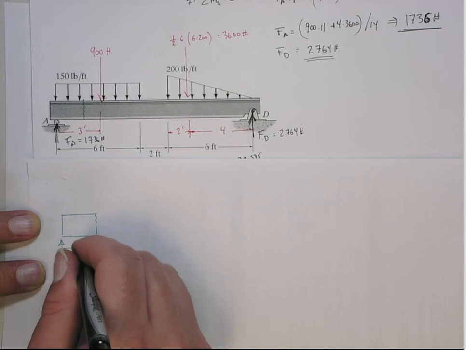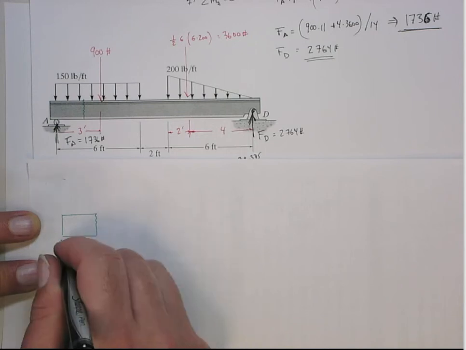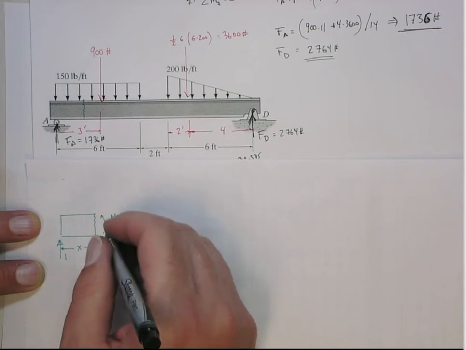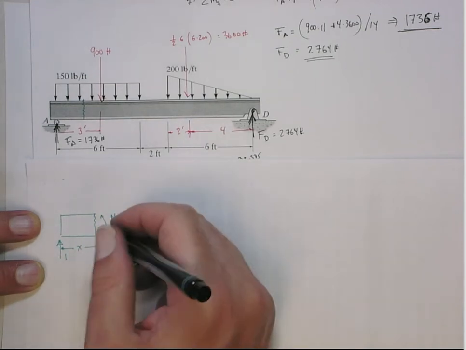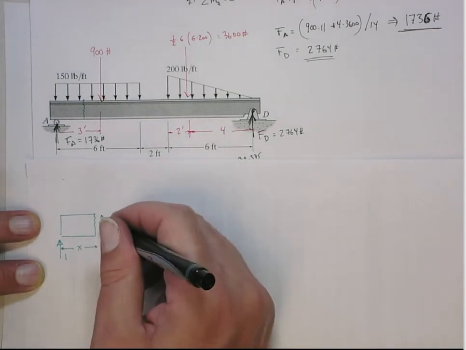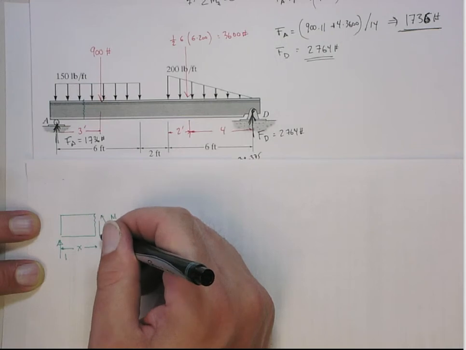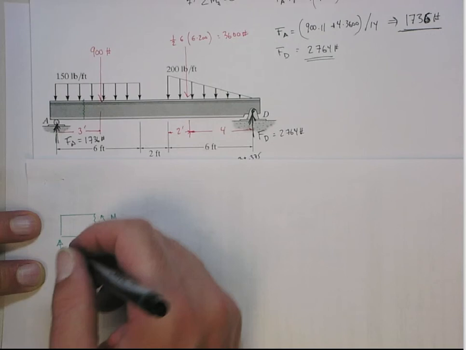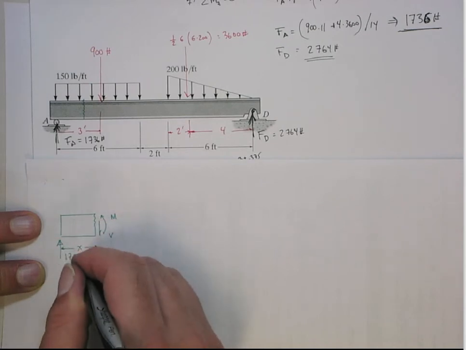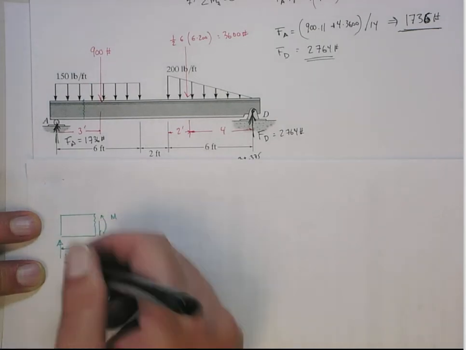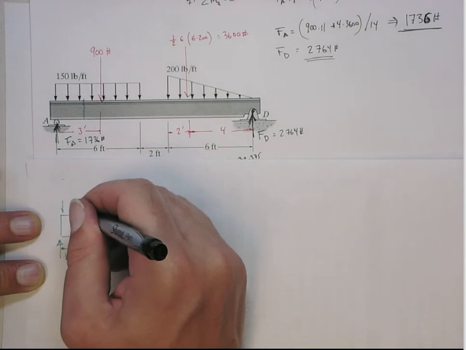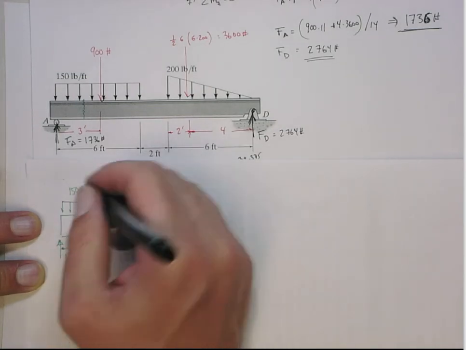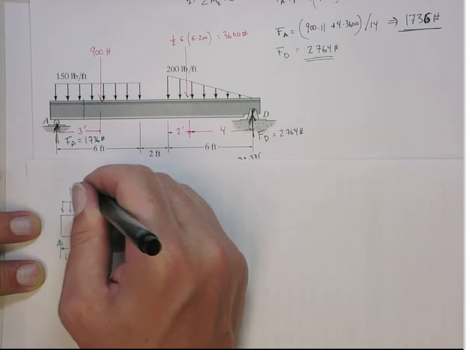So this distance here is going to be x. That's positive phase, so this is the positive moment. Actually, I really don't care about the moments. The only thing I care about is the shear. So the positive shear is actually downward, okay? Because we're just doing the shear diagram. And this is going up at 1,736 pounds. And then we have acting downward this uniform force of 150 pounds per foot.